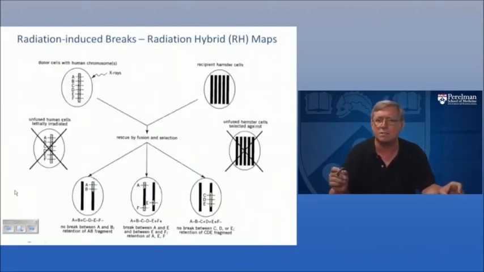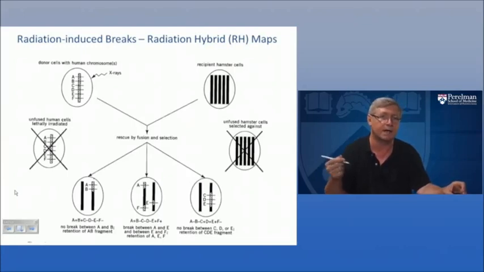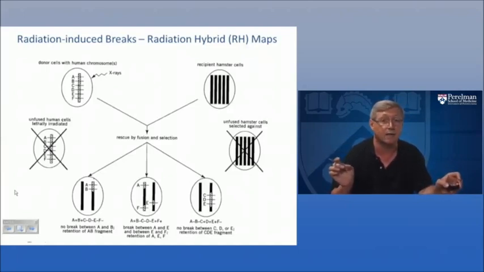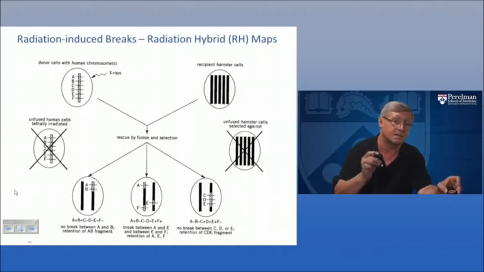Radiation hybrid maps are similar in principle to genetic linkage maps, except that instead of meiotic breaks, one generates the breaks using X-rays, and you can control the frequency of the breaks by adjusting the energy of the X-rays. Once the chromosomes are fragmented, they're recovered in what are called somatic cell lines. Once again, if two markers are very close to each other on the chromosome, they'll almost always be recovered in the same radiation hybrid-induced DNA fragment.